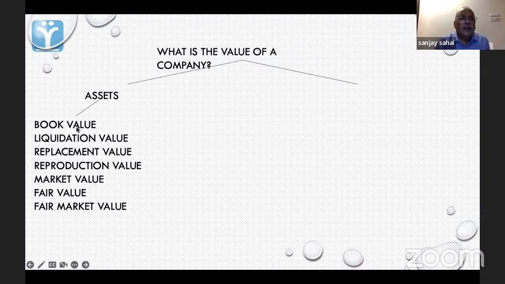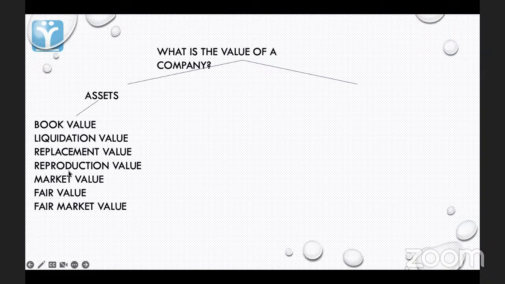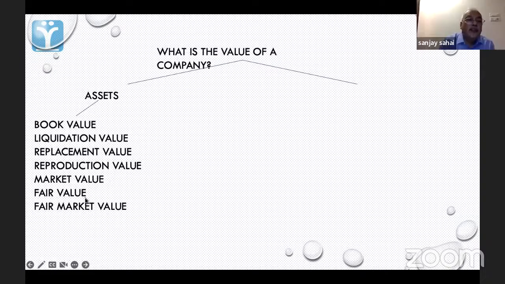Now, in the case of a company, if I want to value assets, there are many values which I can think of. I can think of book value, liquidation value, replacement value, reproduction value, market value, fair value, and fair market value. So there are a number of ways of looking at valuing assets itself. Now, another way of valuing the company can be through its revenues.